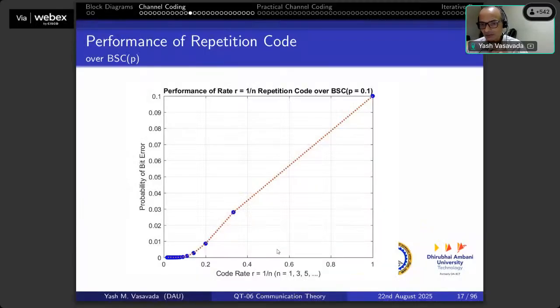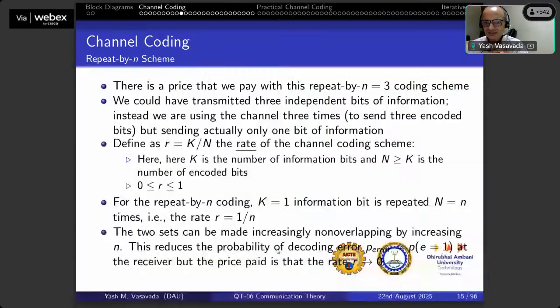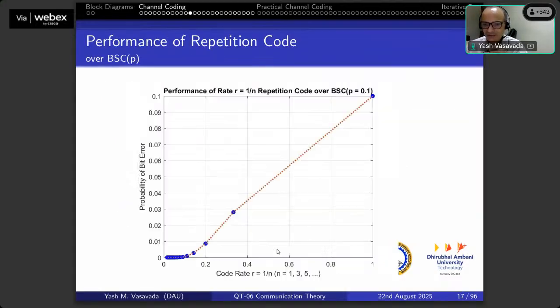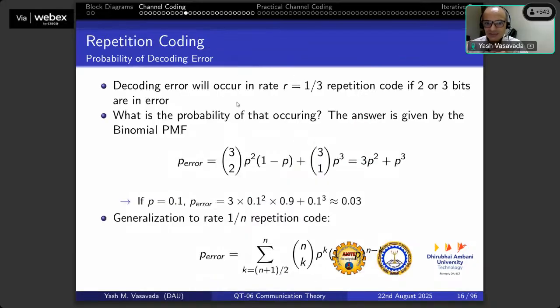Now this is an expression that can be easily programmed into C++ or MATLAB or Python, and you can evaluate it. So I did that. In this example, I assume p equal to 0.1, and I increased n from 1 to 3 to 5 to 7, and so on.